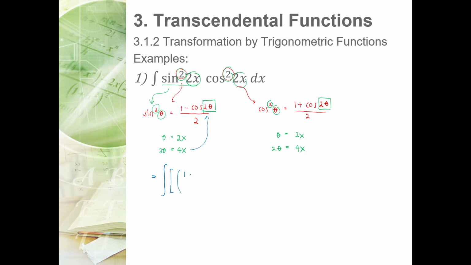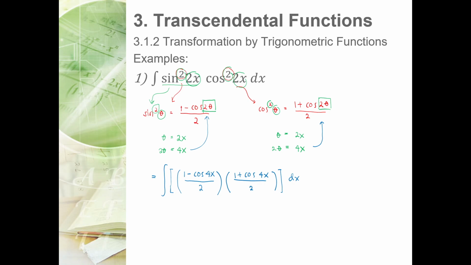So 1 minus cosine 4x all over 2. And then the next one is this term here, 1 plus cosine 4x over 2. And then dx.